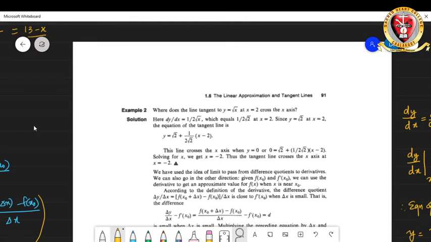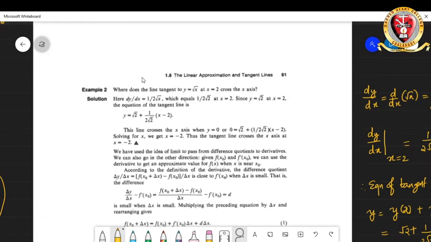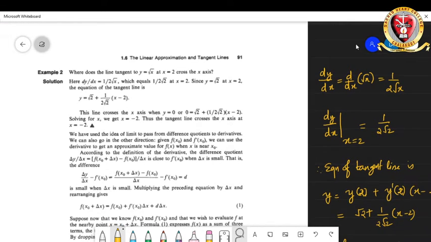And in example 2 also you have to find a little tricky question. Where does the line tangent to y is equal to root x at x is equal to 2 cross the x-axis?